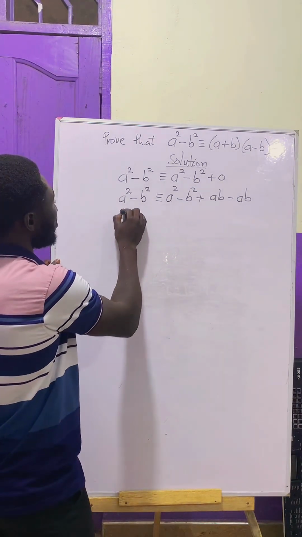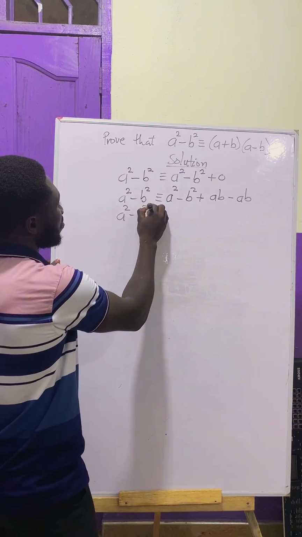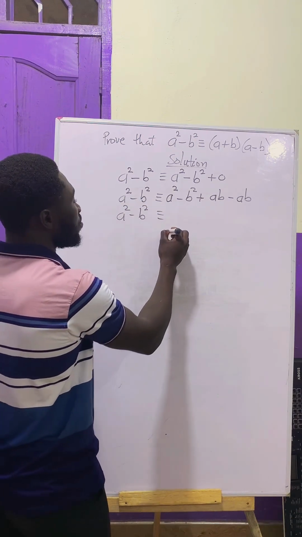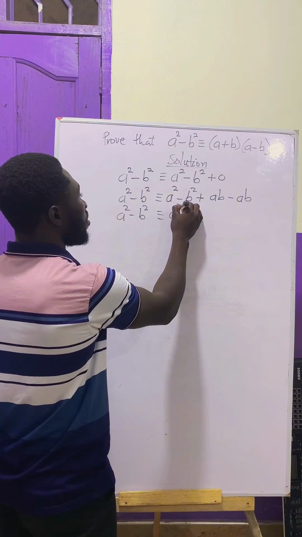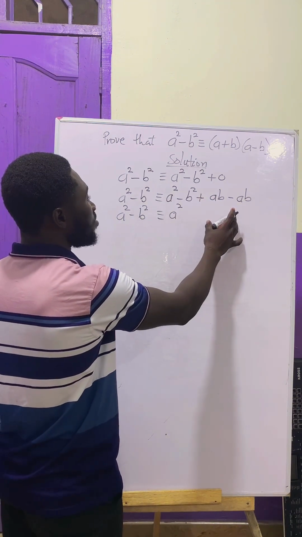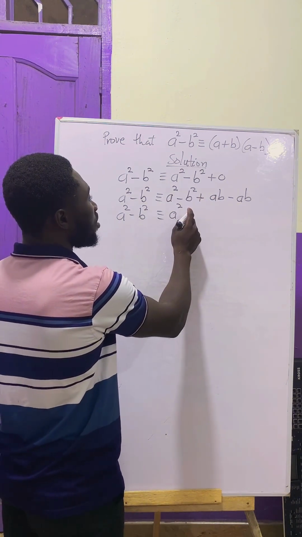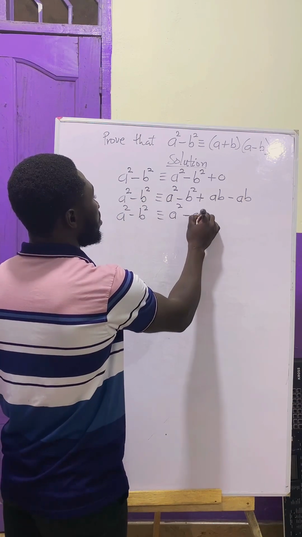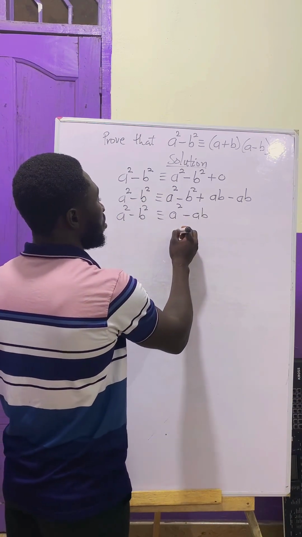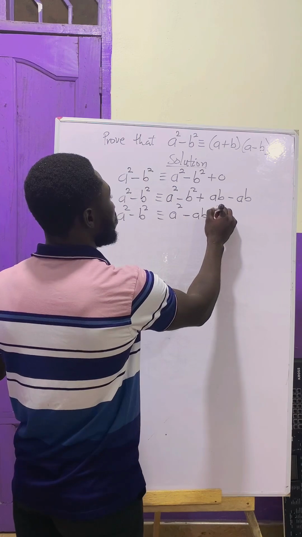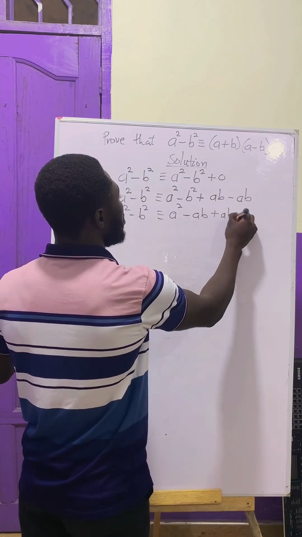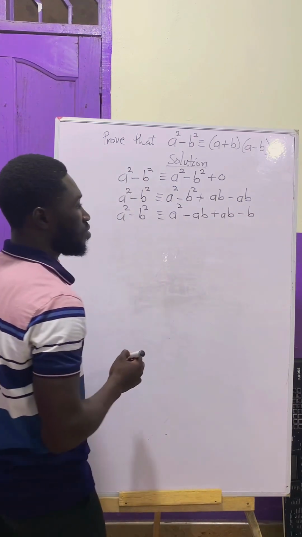So we have a squared minus b squared, which is identical to a squared. We are doing grouping of like terms here. So we are going to have a squared minus ab, and then we come to plus ab minus b squared over here.